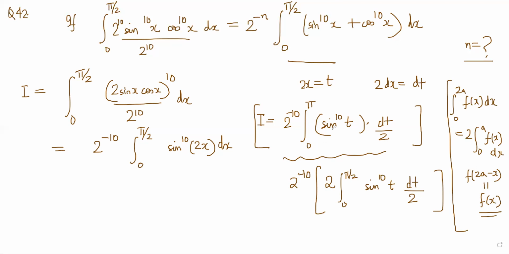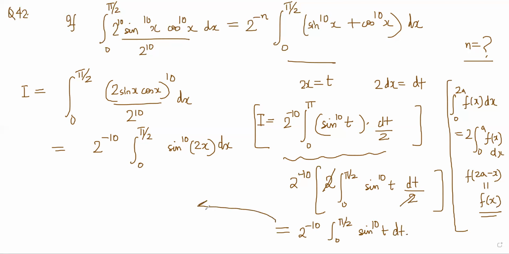So we can replace this integral from 0 to pi with double the integral from 0 to pi by 2, and this 2 and this 2 cancel. So we get this is equal to 2 power minus 10 times the integral from 0 to pi by 2 of sine power 10t dt.